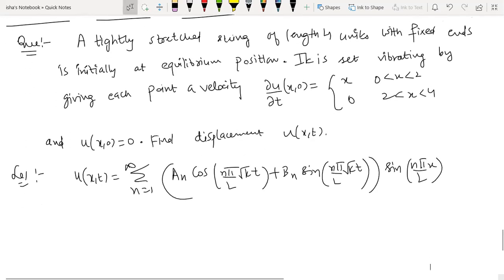We already know the formulas for an and bn, and additionally what is given to you? Length 4 units. So L is given to be 4. So in all the formulas you will be putting L equal to 4.